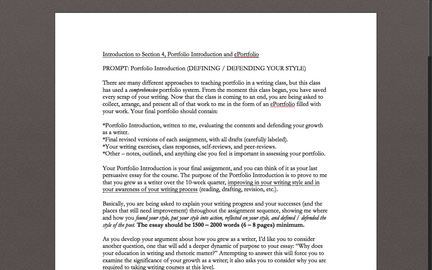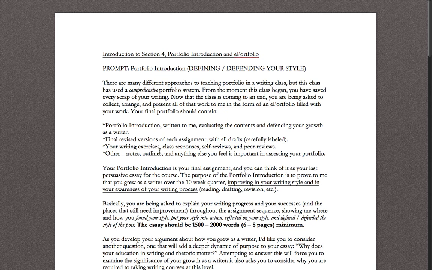It will include final revised versions of each assignment with all drafts carefully labeled. So if we even just used In Defense of Essay as an example, you will have the final revised version of that draft, which for you may have been the third draft, because we had 3 required drafts.